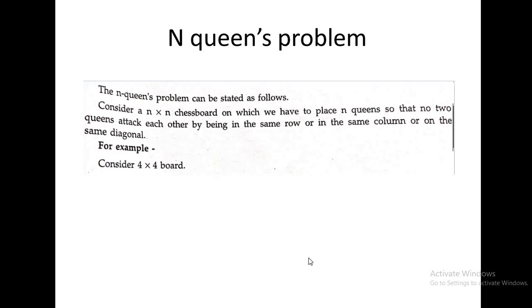Consider the 4x4 chessboard. In the 4x4 chessboard we have to place the 4 queens so that no two queens attack each other by being in the same row, the same column, or the same diagonal.